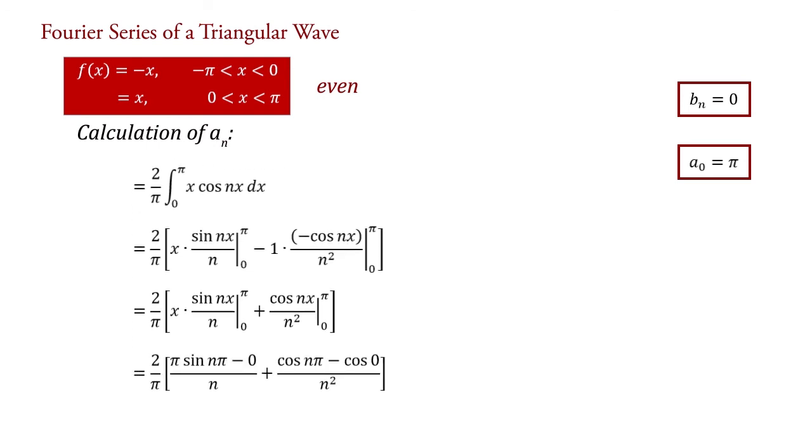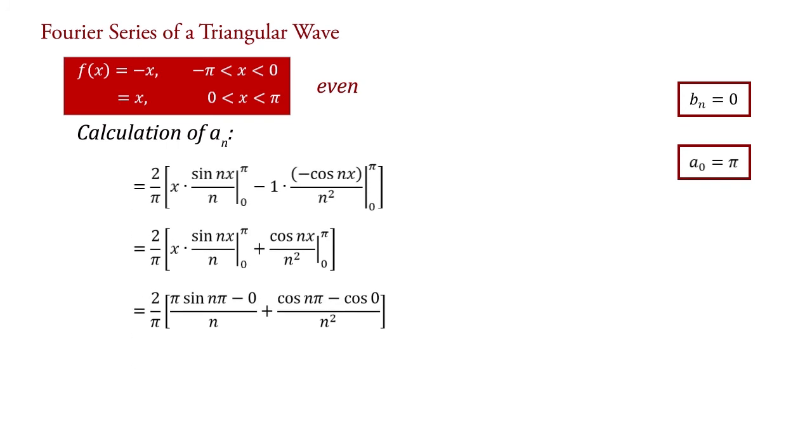Therefore, putting the limits of integration pi and 0, we have an equals 2 upon pi into bracket pi sin n pi minus 0 upon n plus cos n pi minus cos 0 upon n square. Since sin n pi for any n equals 0, this term becomes 0, and cos 0 equals 1.